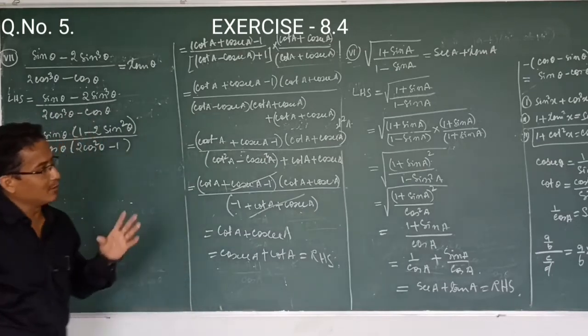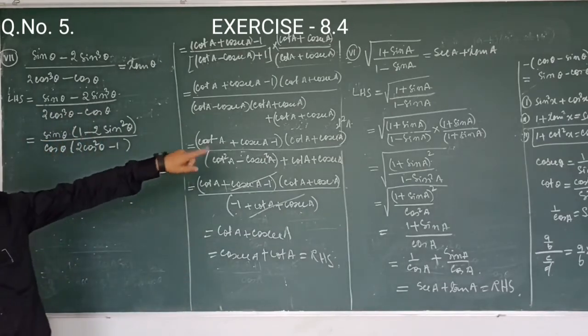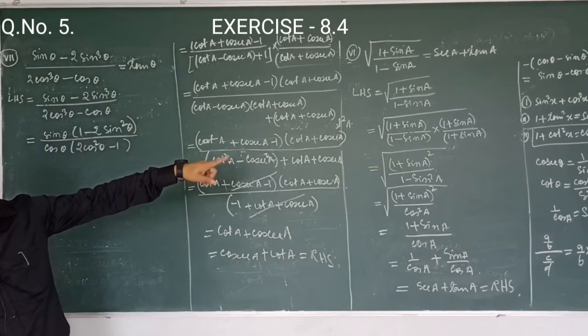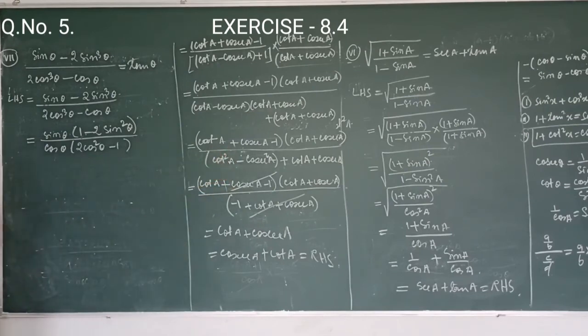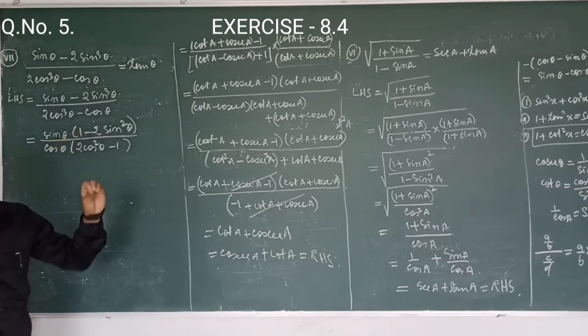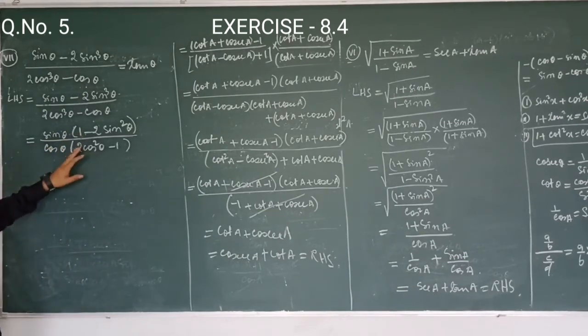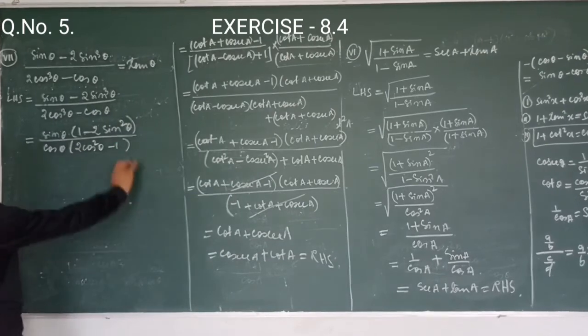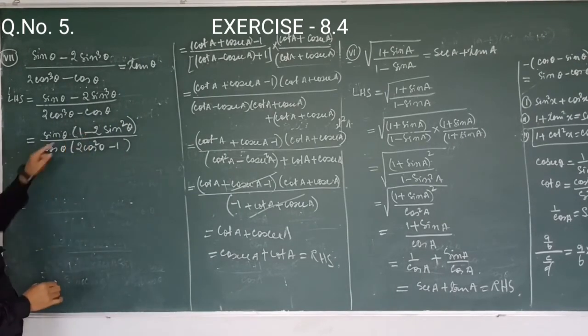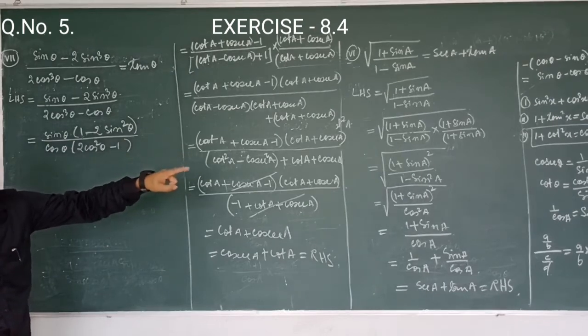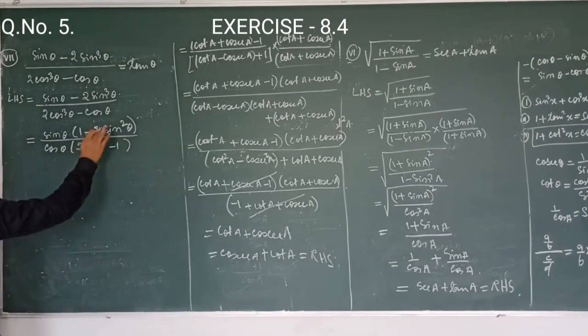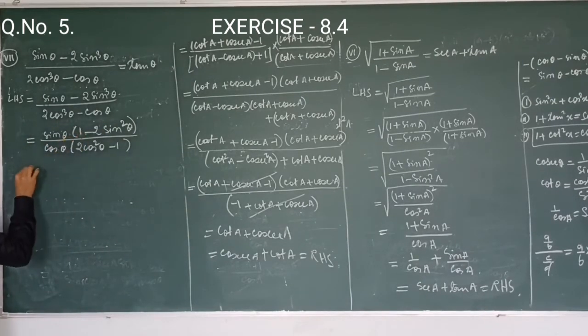So the value 1 we can write from any one of these 3 formulas. But the condition is that we only use the one which we require in our solution. So for now this 1 we use as sin square x plus cos square x, which is equal to 1.